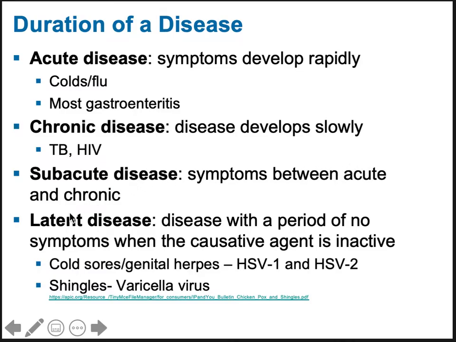And then you have another category called latent, and this is where you have periods of no symptoms, and then periods of symptoms. So the classic example would be cold sores, right? A person has the virus, usually herpes simplex virus 1, and they have that for their whole life, and periodically throughout life they will have an outbreak of cold sores on their lips.